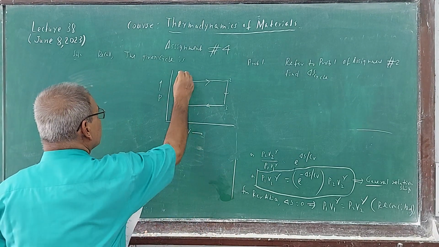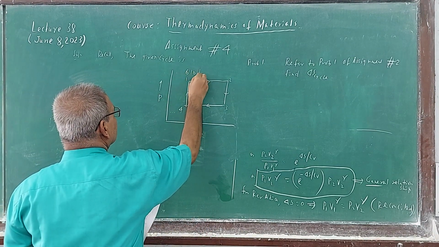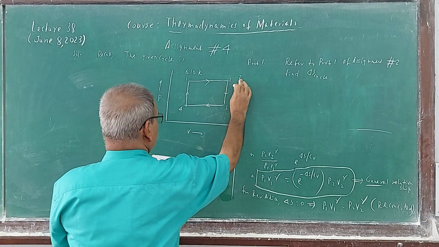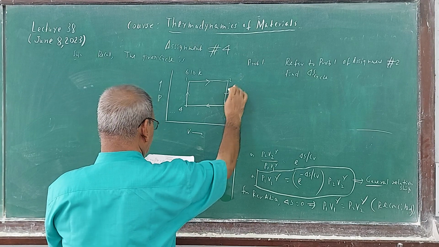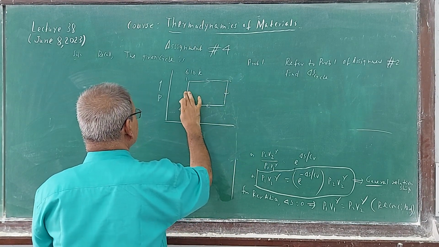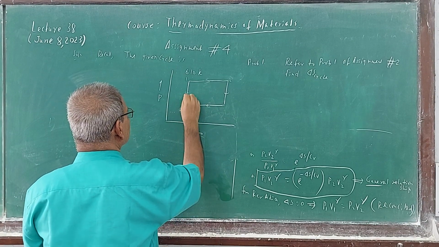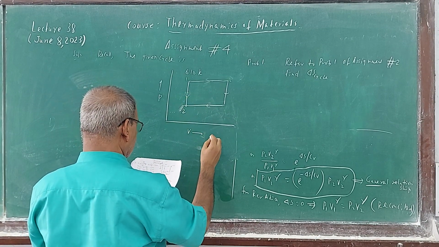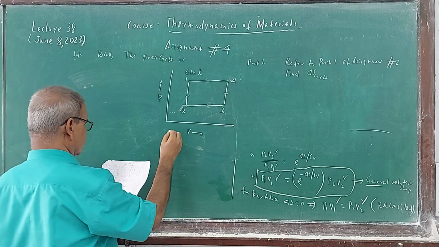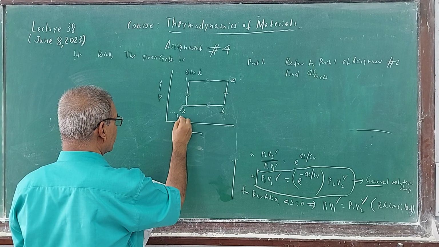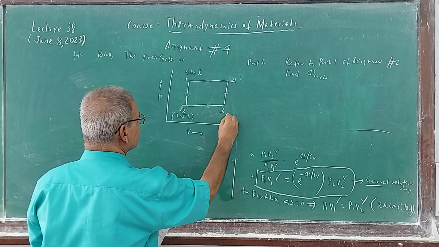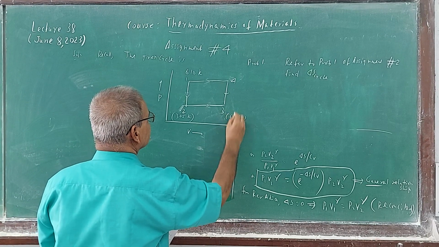Since you don't remember, I don't remember too. This was 600 Kelvin, this was 1220 Kelvin. Sorry, this doesn't go this way, I made a mistake. This is 2, then 3, 4. Point 2 is 305 Kelvin, this is again 610 Kelvin, this is again 1220.